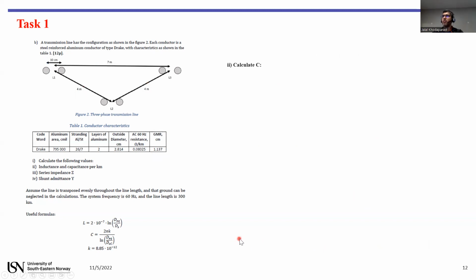The next part will be calculation of the capacitance. You have the formula. You can see the formula is given by the task. It's the formula of the capacitance. However, this log is in the denominator, and the D equivalent is similar to the previous task.